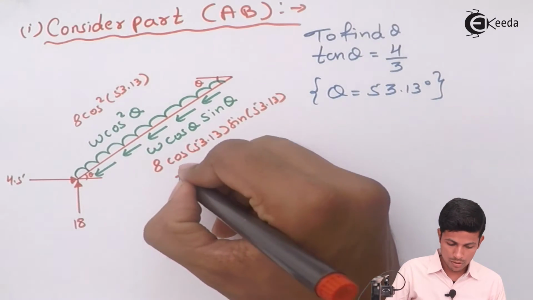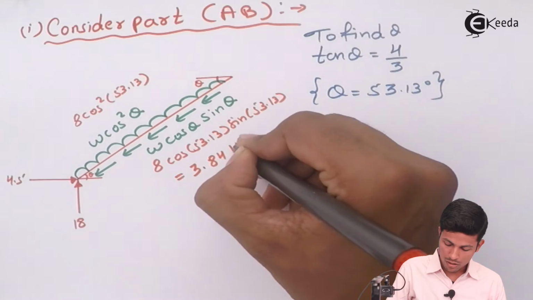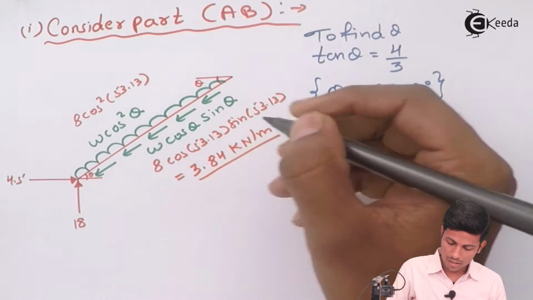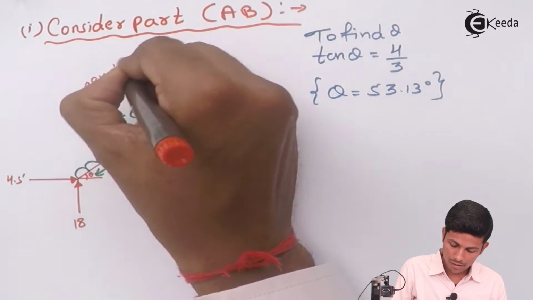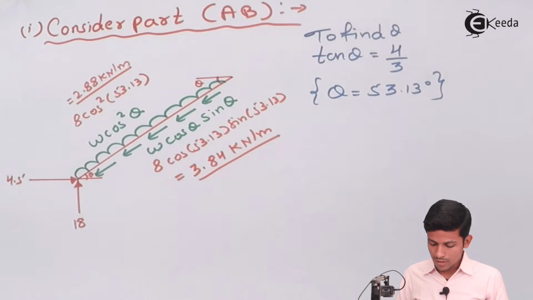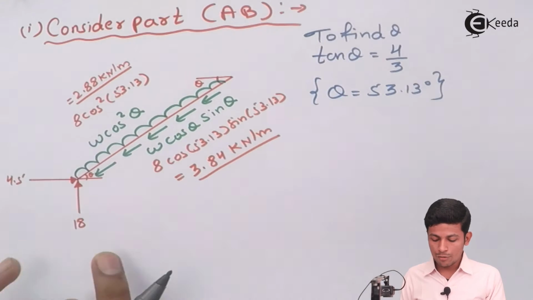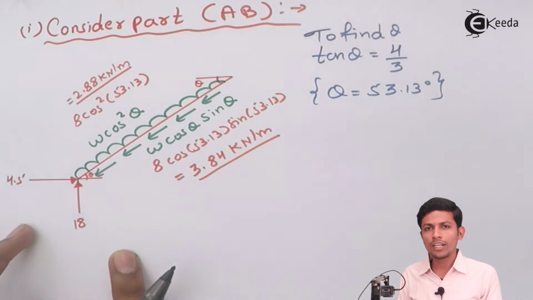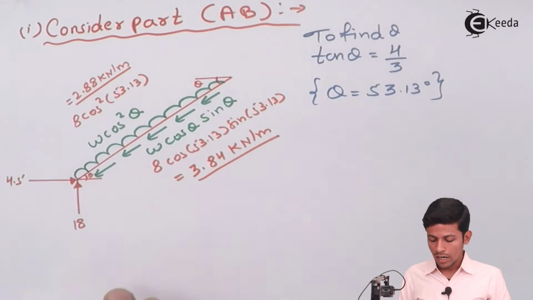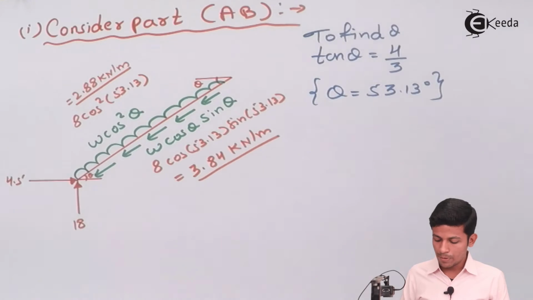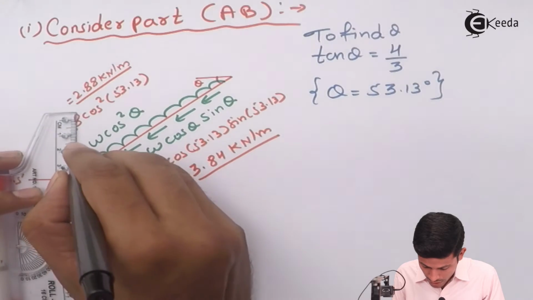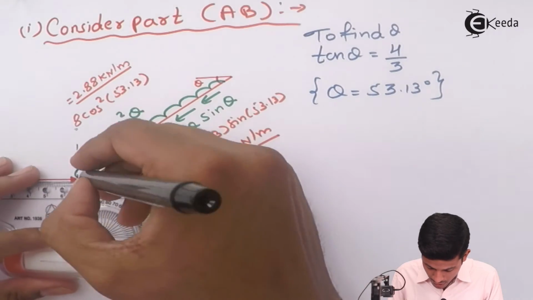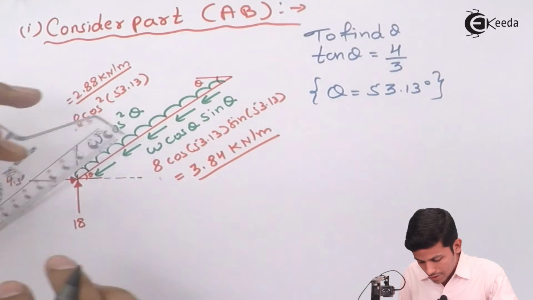While solving this, you get this value 3.84 kilonewton per meter, and this value will be 2.88 kilonewton per meter. We have got the value of theta. Now we have to resolve the load axially, or vertical and horizontal, with respect to this inclined member. For that, simply extend all the members like this. Extend this over here, extend this one, extend this one.